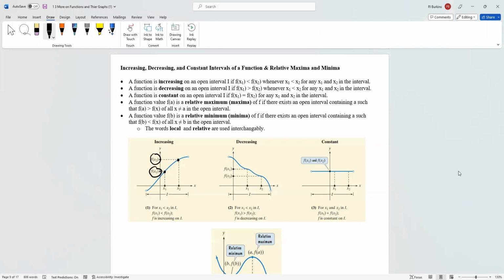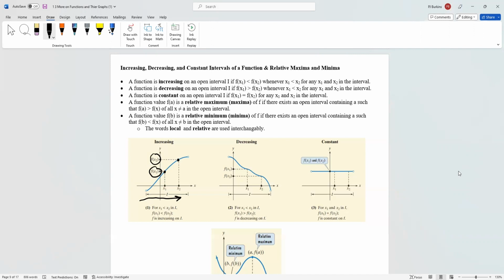So really what this means is as you move from left to right, just like you would read in a book, if you look at 2 points on the graph, if the first point has a smaller y value than the next point and so forth, then the function is increasing on that interval.